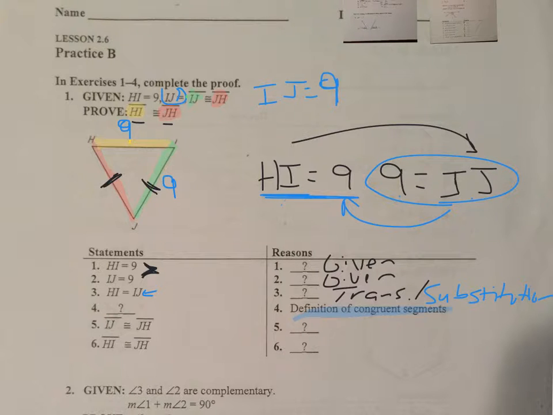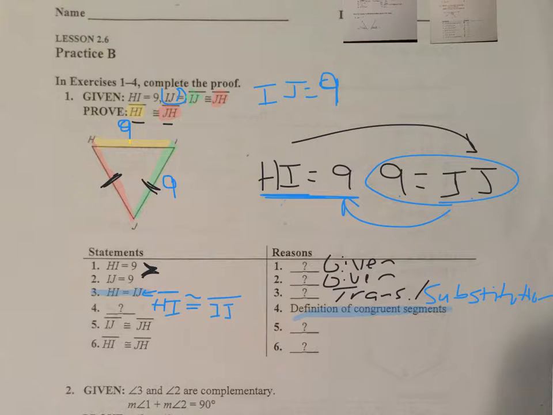Basically, anytime I see definition of congruent segments, it's that maneuver we make when we change something that looks like this into something that looks like this. Instead of saying the distance from HI is equal to the distance of IJ, we change it over to segment HI is congruent to segment IJ.